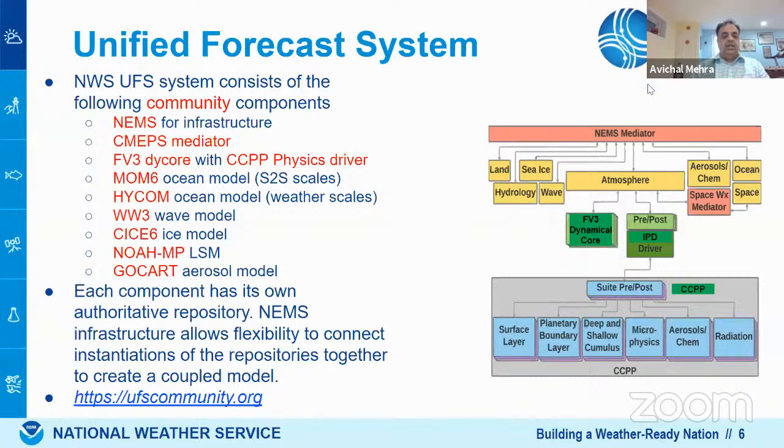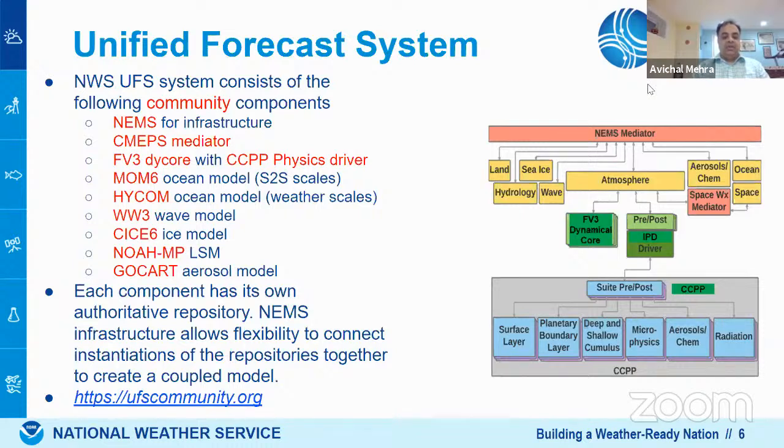We have adopted CMEPS as a mediator. CMEPS, which stands for Community Mediator for Earth Prediction Systems, comes to us as part of the NOAA NCAR MOA. FV3 dycore, and we are using that with a CCPP physics driver, or the Common Community Physics Package.